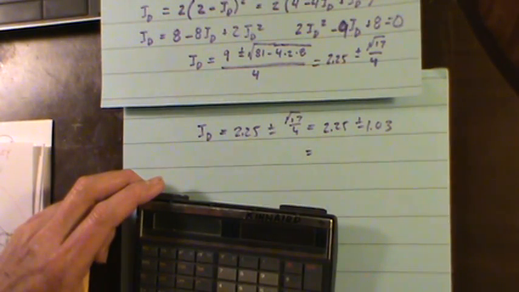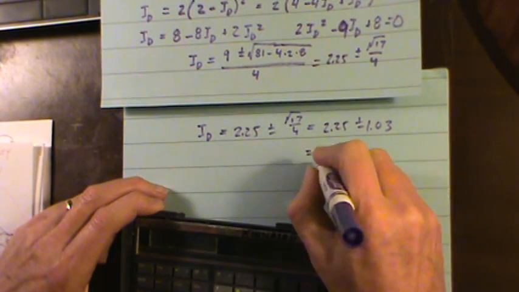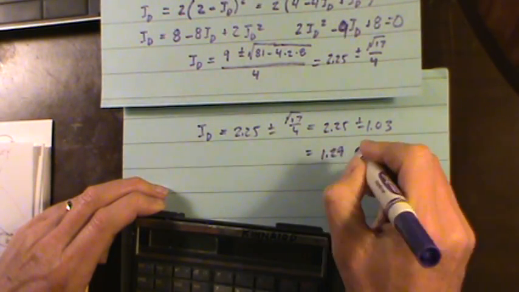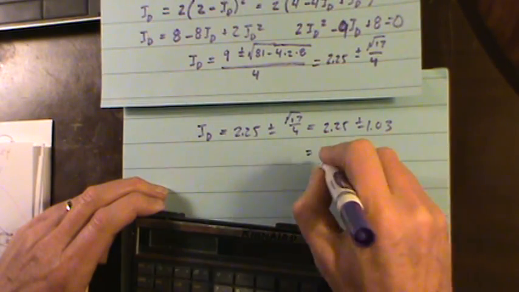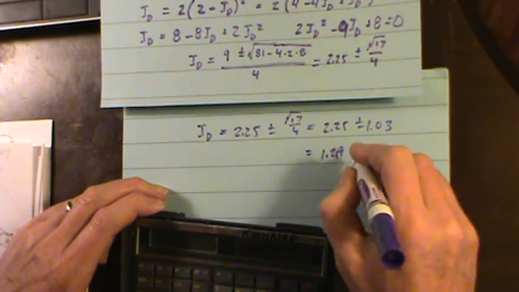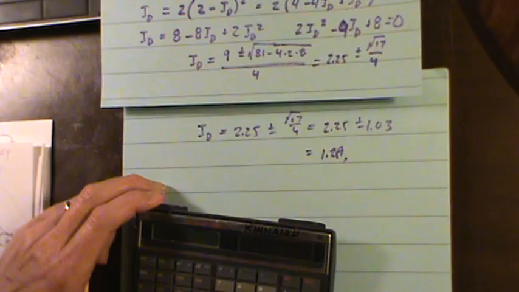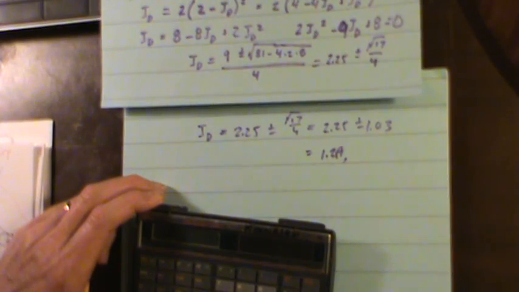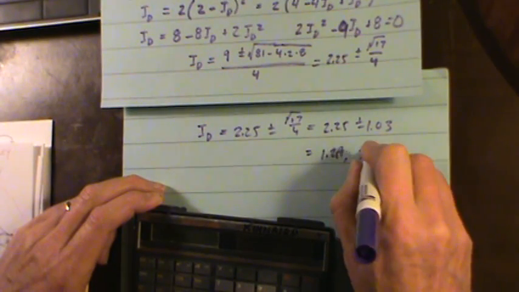Change sign, plus 2.25 equals 1.219, or 2.25 plus 1.03 equals 3.28.